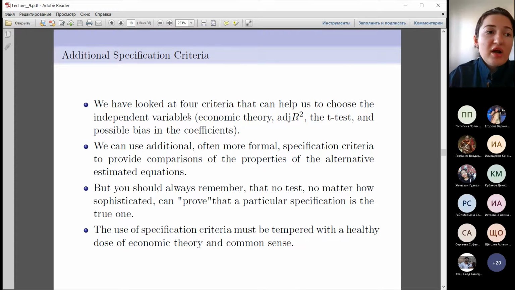Of course, you can run different models. Please remember about the sensitivity analysis, but you can also use additional, often more formal, specification criteria to provide some comparisons, because even if you run the sensitivity analysis, you need to compare your models. So you need to use some indicators to reach a conclusion.